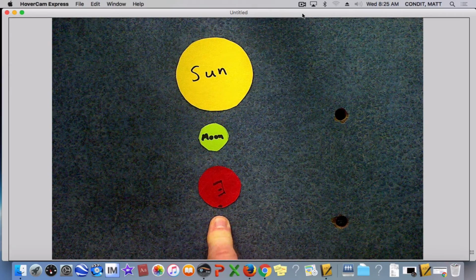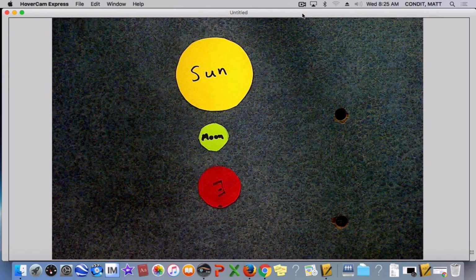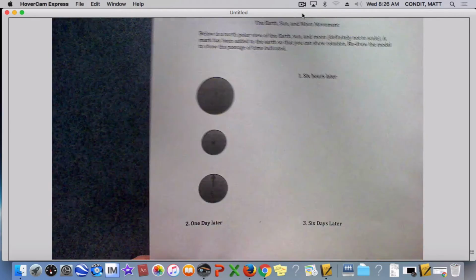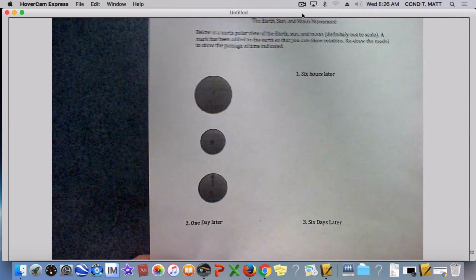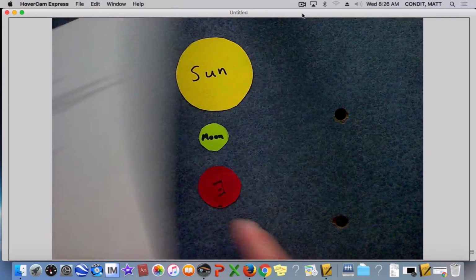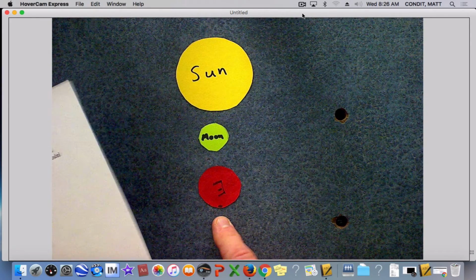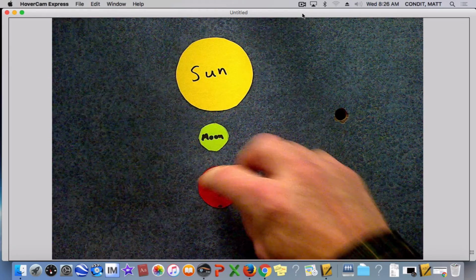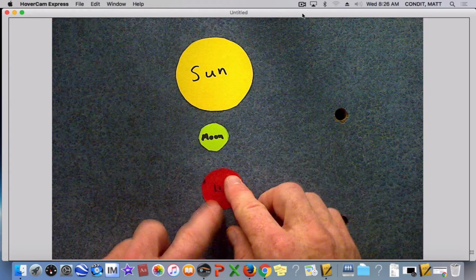So if I was to ask you to draw this model after 12 hours elapsed, it is not going to look much different except for this little spot on the Earth, because 12 hours is not that much time. Okay, let's go back to our original position.